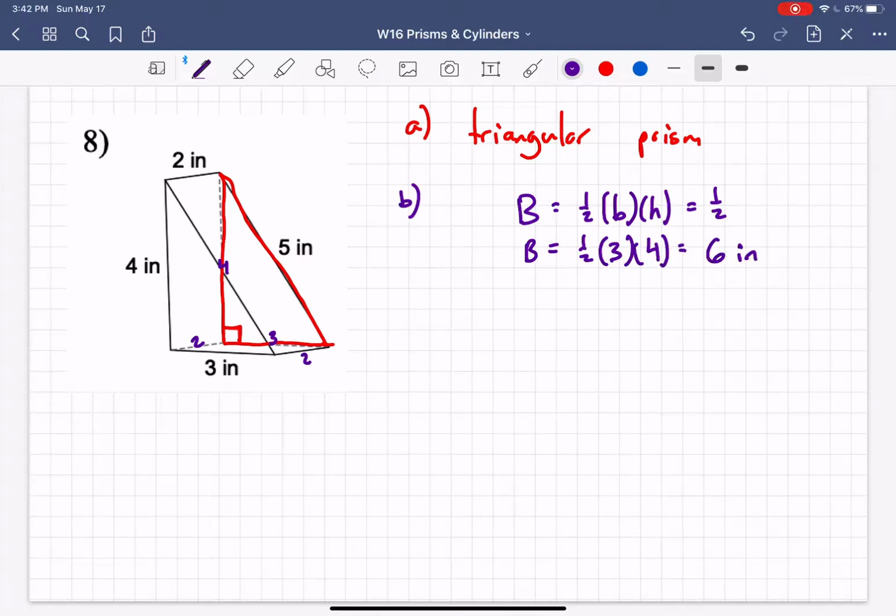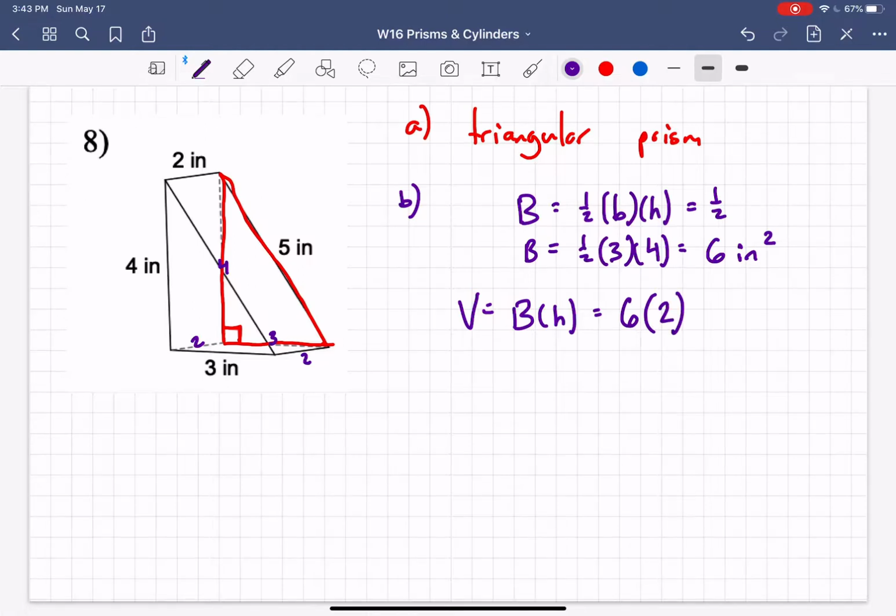And our units are inches, and then we square it for area. And then when we find our volume, we take the area of the base times the height of the prism. So we're using the same lowercase h for both of these, but they mean different things in the two different parts. So here we have area of the base, which was 6, times the height of the prism, which is 2.